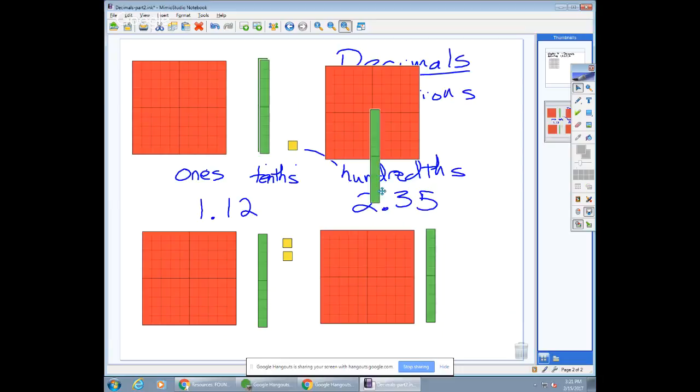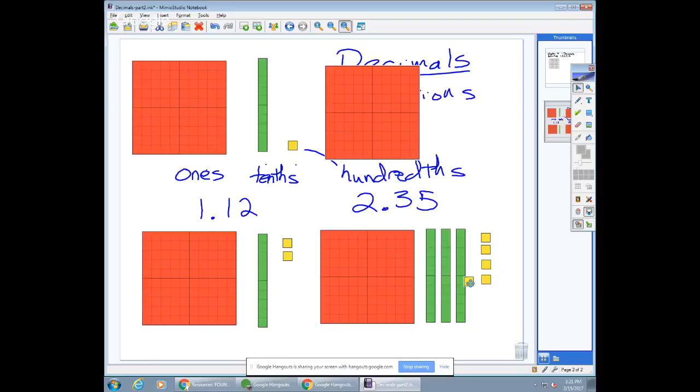Here's my... Now, could I call these 3 green things 30 hundredths? Would that work? Because don't I have 35 hundredths here? So wouldn't the green part be 30 of the 35?